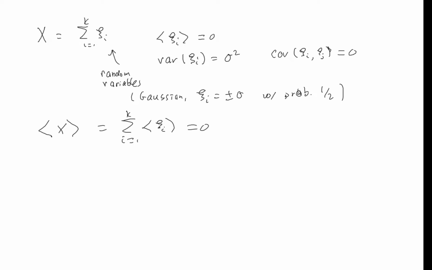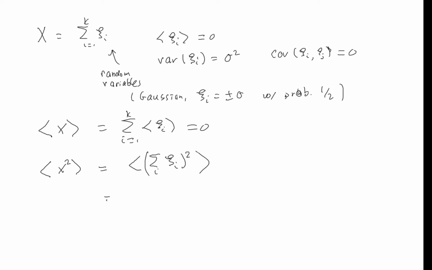What's its variance? The variance of X equals the average value of the sum on i of squiggle_i, squared.